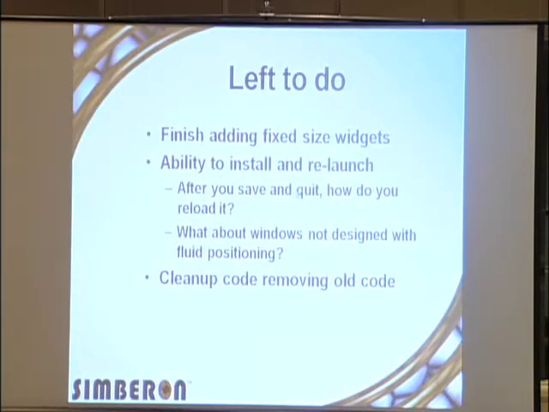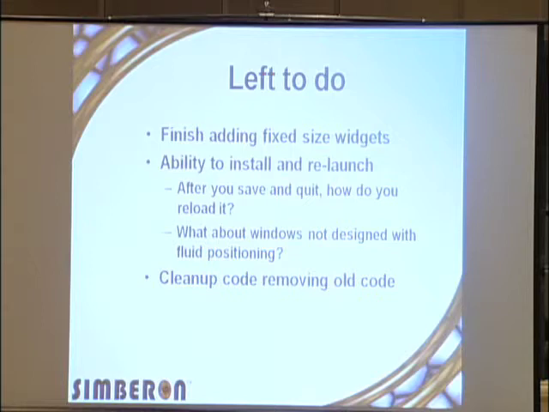I have to finish adding in the fixed size widgets. I have to have an ability to install and close the painter and then reopen it. That did work with algorithm 1. I could save everything in the window spec and then reopen the window later and have it all come back, and you can still do fluid positioning. With this version, there's a whole window model that is modeling the tab stops.